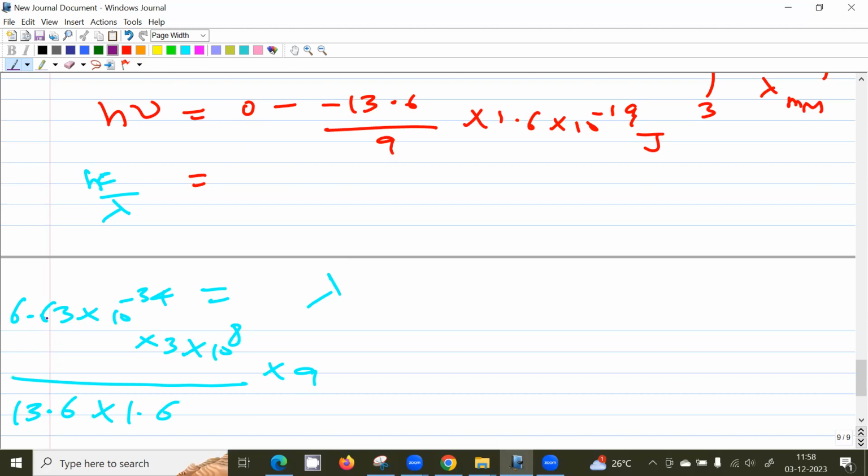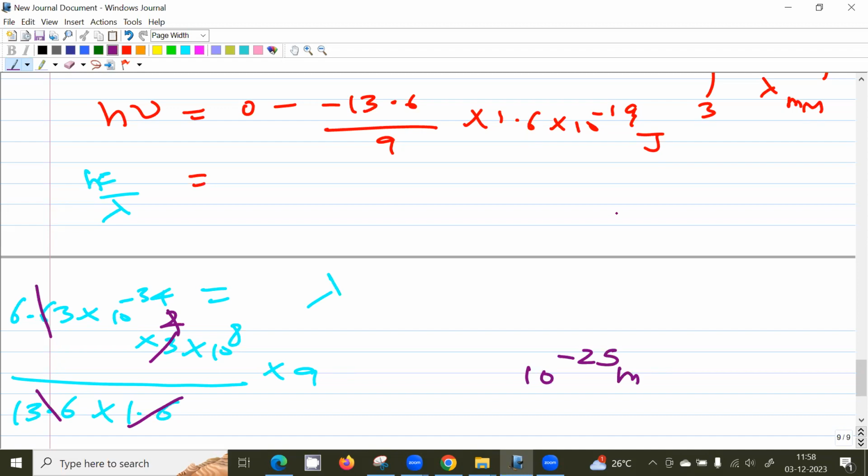So 3, 6. So this is approximately the same. 2. And then this is 12, right? 12, 30. So if we cancel these two approximately, we get approximately 10 raised to 9. So 10 raised to minus 25 meters. 10 raised to minus 19.